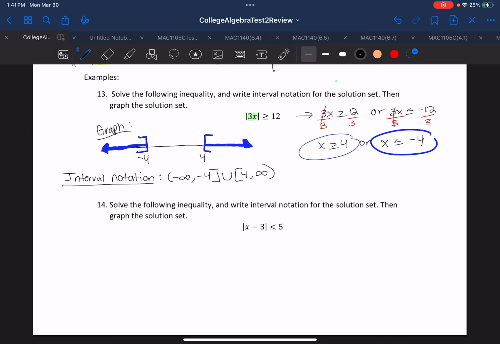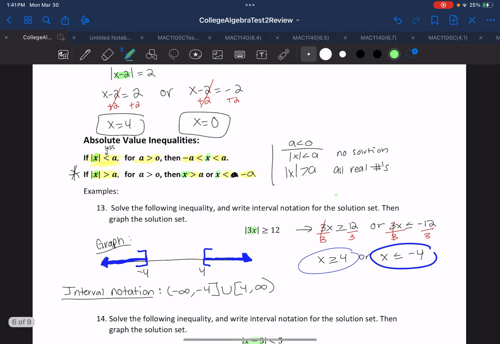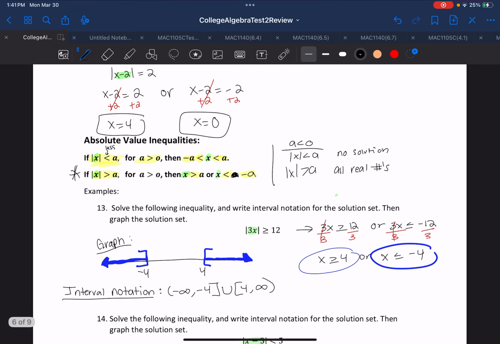The next one is the absolute value of x minus 3 less than 5. So in this example, the absolute value is already by itself again, and it's less than a positive number. So that's going to be the first case up there.